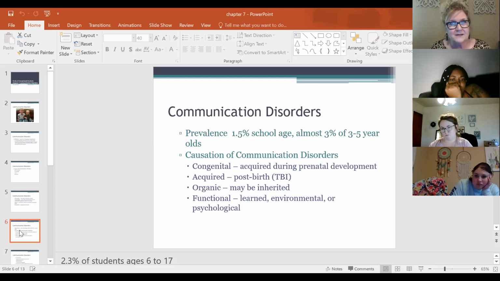And he's now 6, he's about to be 7 in April, but he's still not real fluid in his communication, and he's receiving special services in school. But that is certainly the last one of these causes. That's functional, learned, environmental, or psychological. I would say it's environmental and psychological.